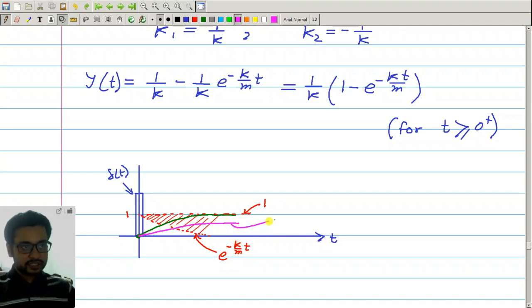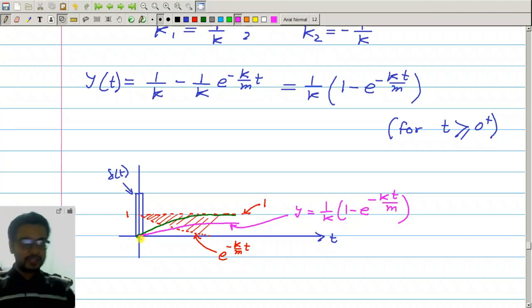So this is y equal to 1 over k, 1 minus e to the power minus kt by m. So you observe this is how the float is going to move. Initially it will be at position 0 right after the force is applied, but it will gain some speed, and initially it will have some higher speed.